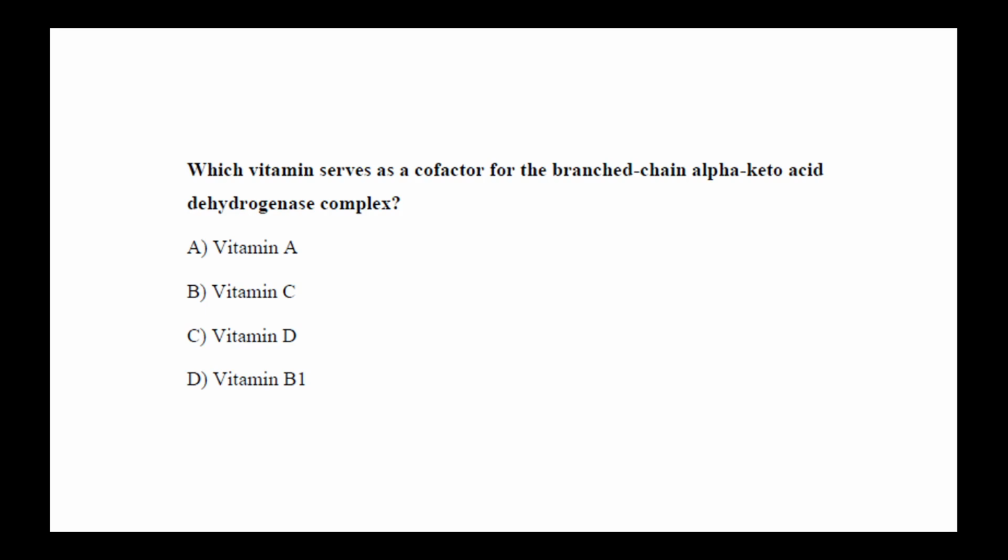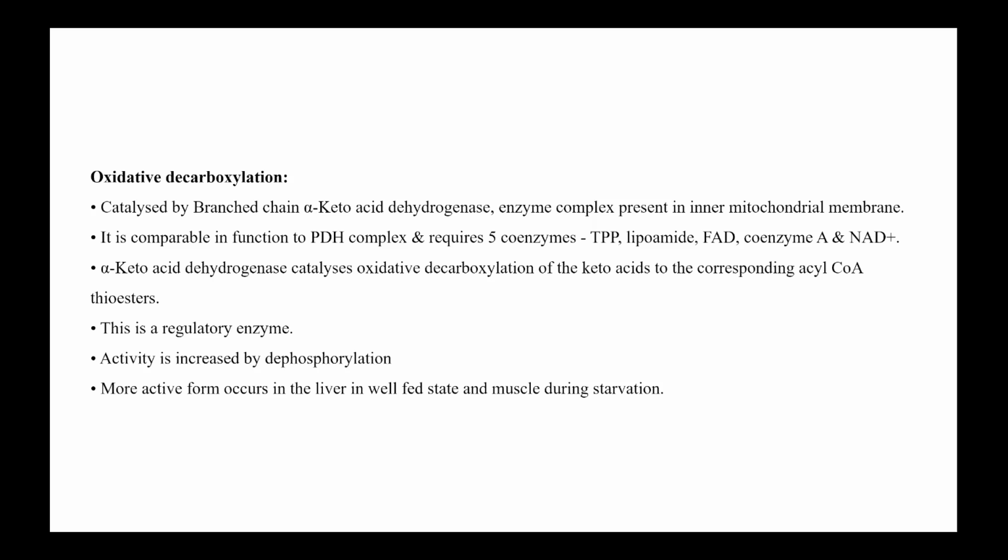Option A, vitamin A. Option B, vitamin C. Option C, vitamin D. And option D, vitamin B1. You have answered option D, that is vitamin B1. That is the correct answer.